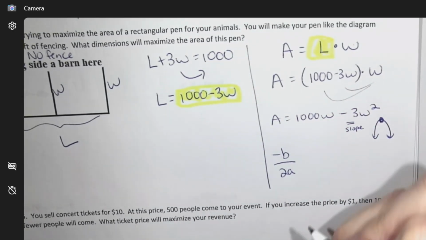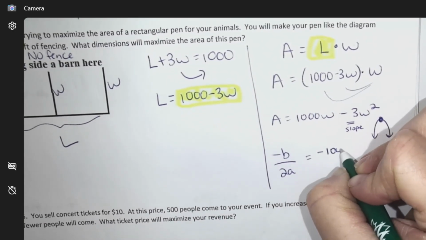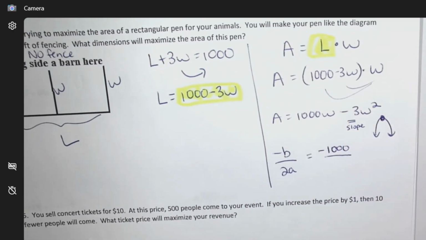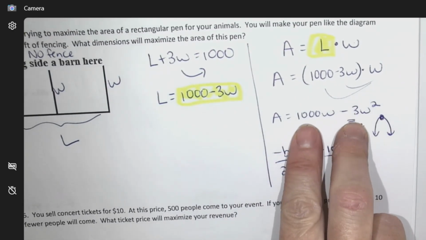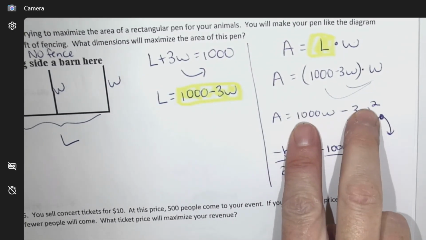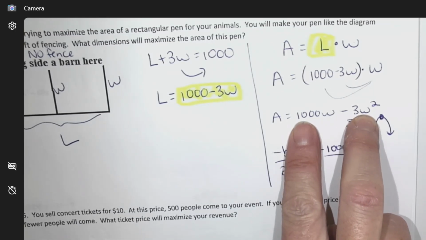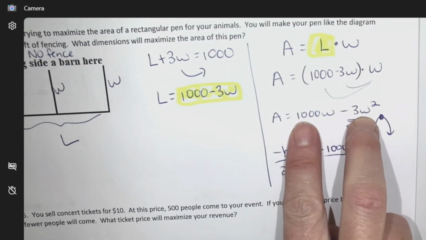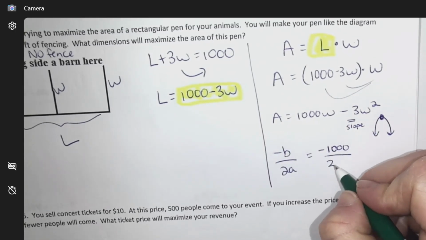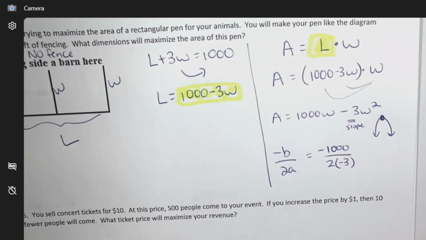Negative b is actually the negative 1,000, right? Don't be tricked there. This is b and this is a. It's not about the order, it's about the variables they're with. Over 2 times negative 3.